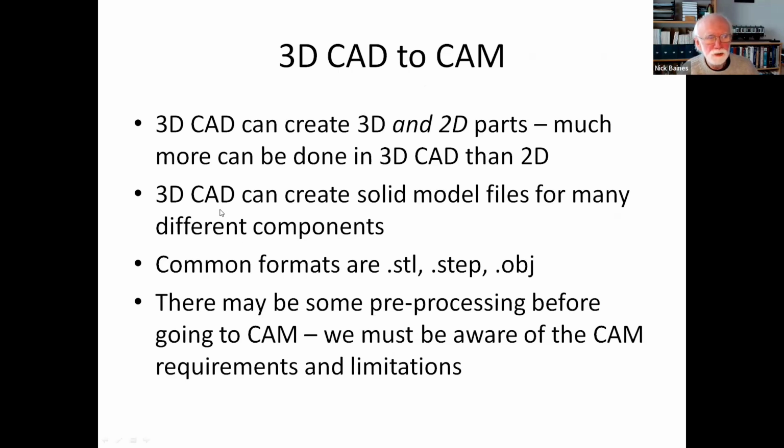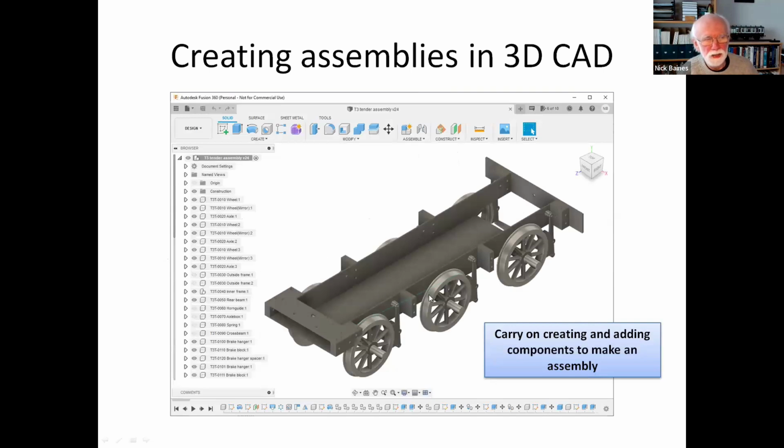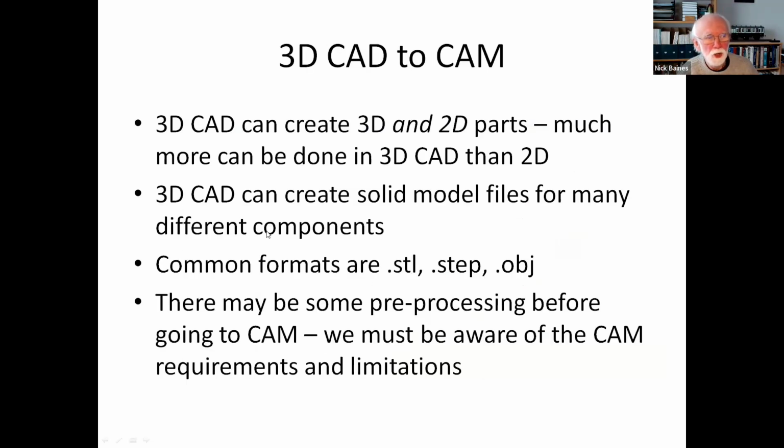Once you've got the model set up, like I've shown you here, you can create solid model files for the different components, and those solid model files will be in a set format. The common ones would be STL, STEP, OBJ, and again, there are some others, but those are the most common ones. And those are the files which then go to the CAM process.